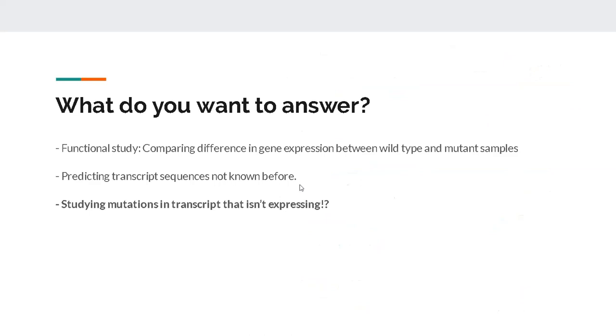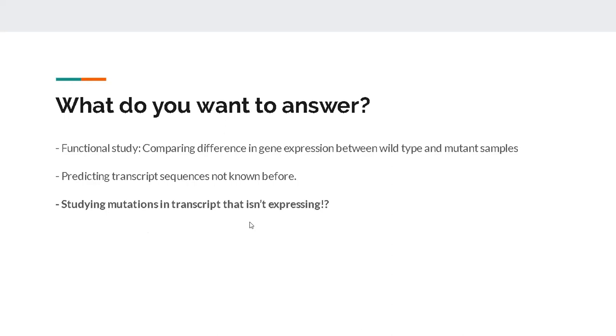The other thing that you can do is predict the transcript sequence. For example, you're interested in any novel transcripts that might be getting expressed in your sample. That is something you can also do with RNA-seq analysis. Thirdly, let's say you are interested in studying a mutation in a transcript, but it is not expressed in your sample. These sorts of things you will not be able to answer.